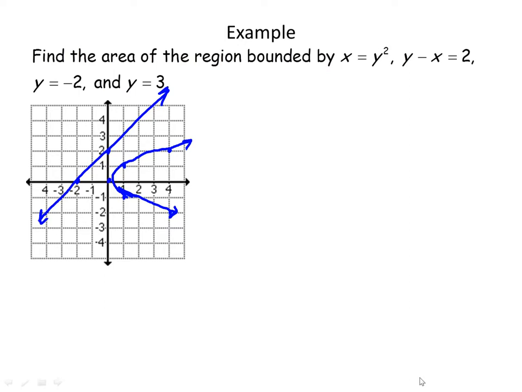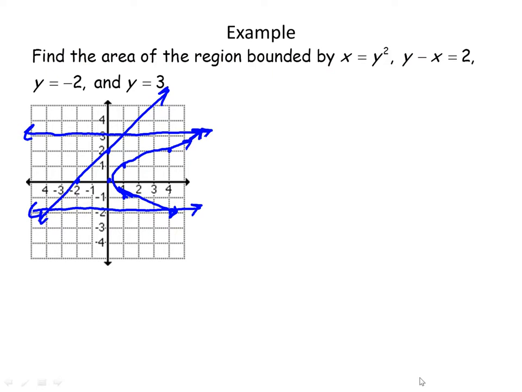Now, I have two other boundaries, if you want to call them that. You have y is equal to negative 2, which is a horizontal line going through the y-axis at negative 2. And then you have y is equal to 3, which is a horizontal line going through the y-axis at 3. So can you tell what your region is?